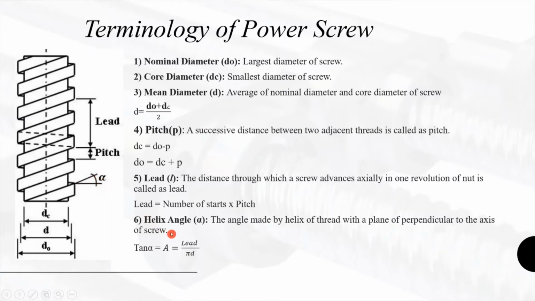The relation for helix angle is tan alpha = lead divided by pi d. Here pi d is the circumference of the mean circle, and lead is the distance advanced by the screw or nut after one complete rotation.